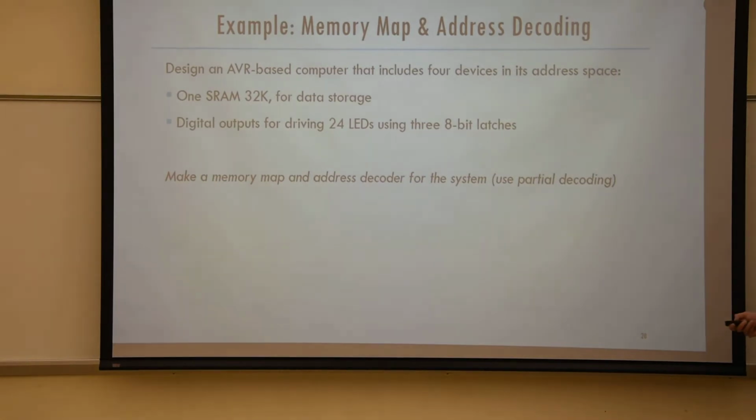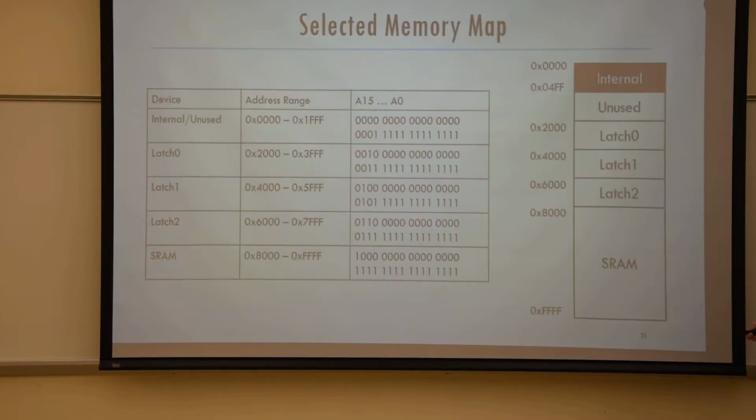So that's what we're going to do. We want to do it in a somewhat optimized way, so that our decoder is going to be simple enough. So let's think about this. We know that the internal space we are not allowed to touch. And we're going to use address space for the SRAM, and we're going to use address space for the latches that we're talking about.